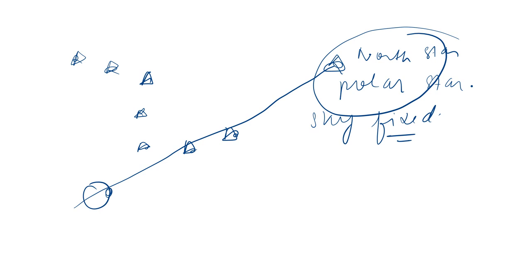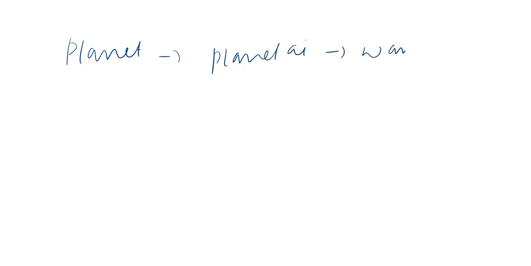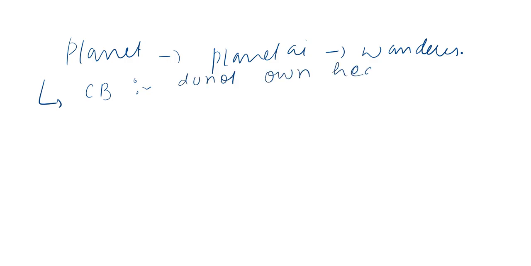The fourth definition we are learning is: what is a planet? Planet is derived from a Greek word, planetai, which means wanderer. These planets are celestial bodies which do not have their own heat and light.